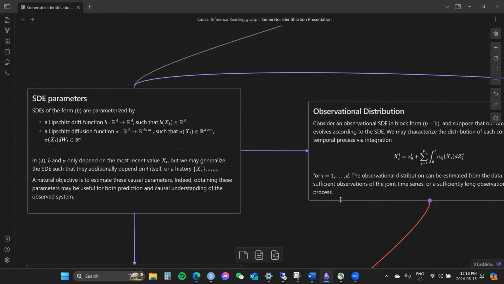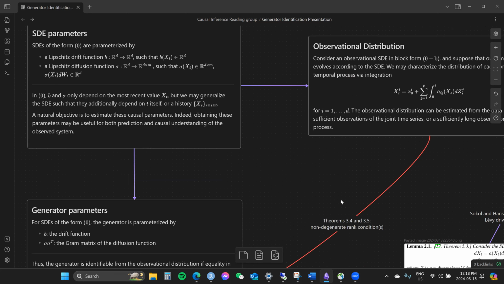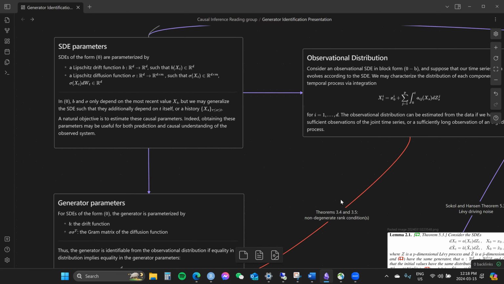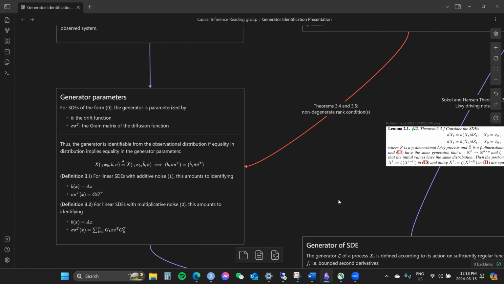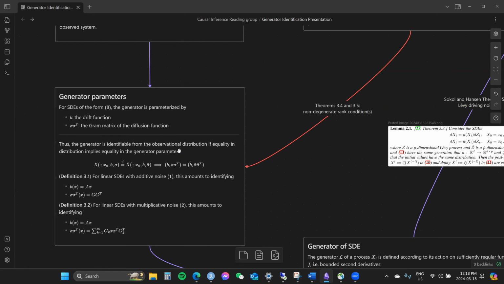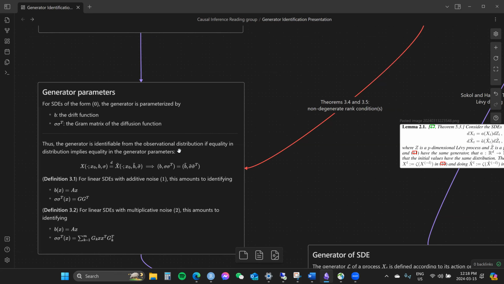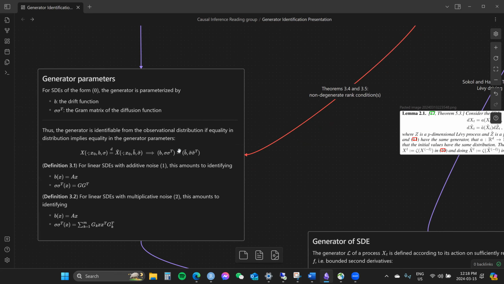The last thing that the SDE parameters allow you to get through some other parameters is the generator. And I'll explain this more in depth in the next slide. But essentially, the generator of a process explains how the process evolves in time and how functions of the process evolve in time.